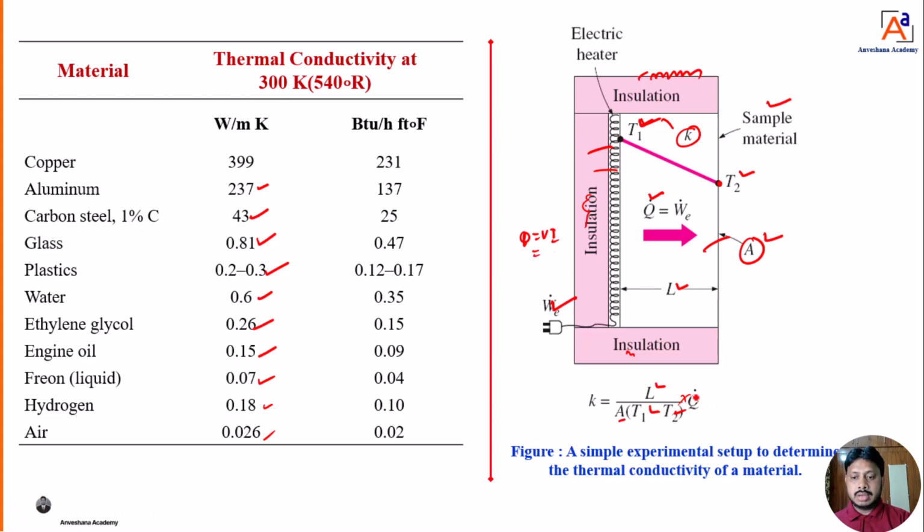So that I will substitute here. Then I will do simplification. I am going to get one value in terms of watt per meter degree Celsius, or in Kelvin. That value we can call the thermal conductivity. So thermal conductivity I can determine for any solid materials by using this experimental setup.